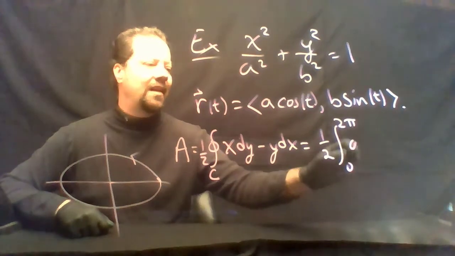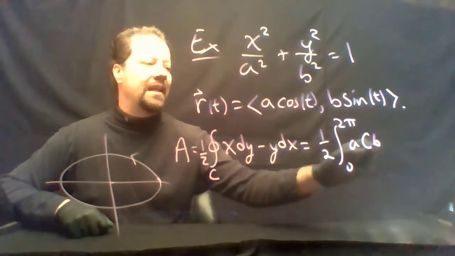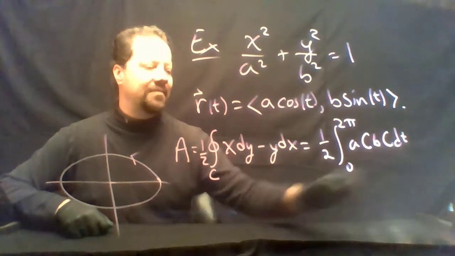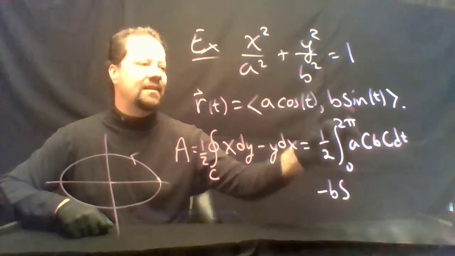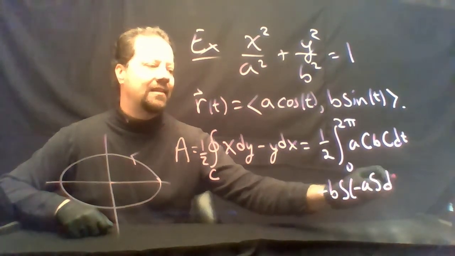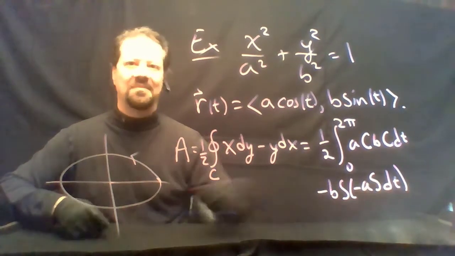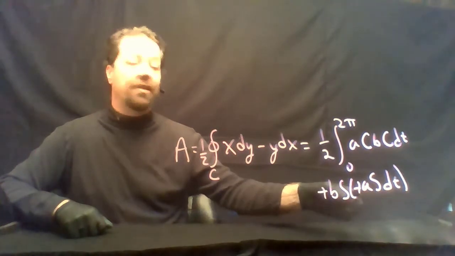X is a times cosine, dy is b times cosine dt, minus y, that's b times sine, dx will be negative a sine dt. AB is a coefficient of both terms.